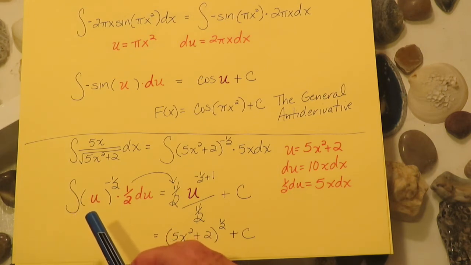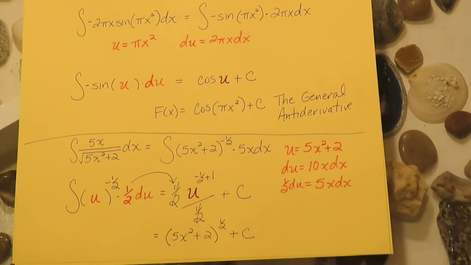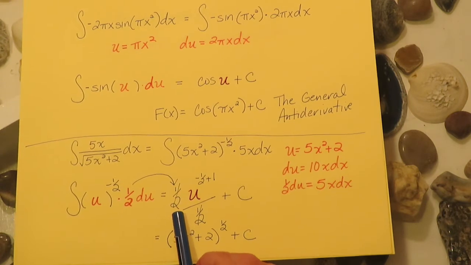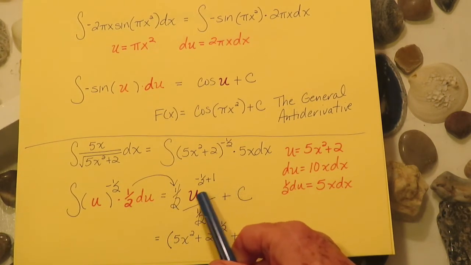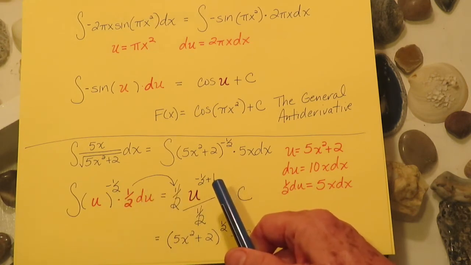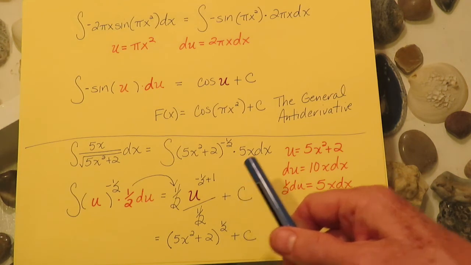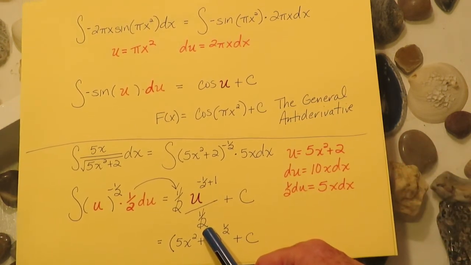So the power rule for antiderivatives is you add 1 to the power and divide by that new power. So the 1/2 is from this 1/2, and then I take my power, which was negative 1/2, I add 1. Negative 1/2 plus 1 is positive 1/2, so I'm dividing by that new power.